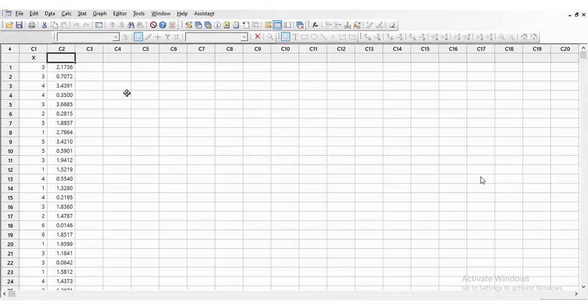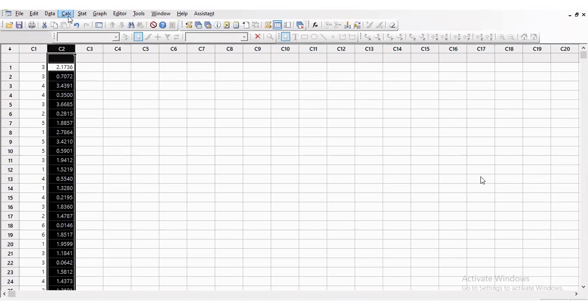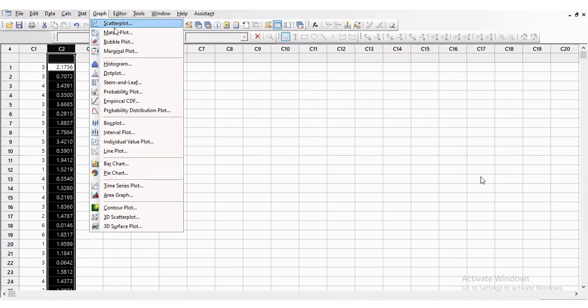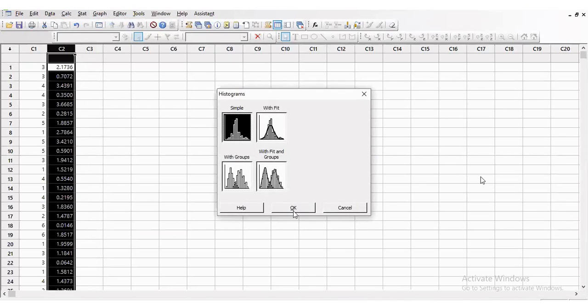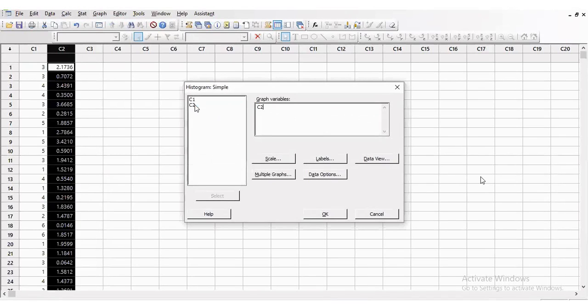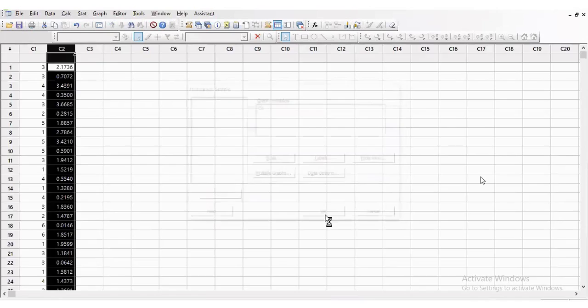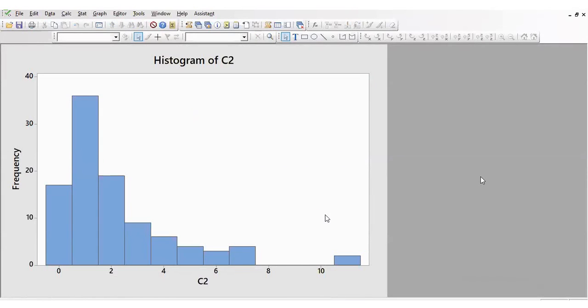Let us verify. I'm calling this also x only. This is also some x. Let us look at the picture to see whether it is following the normal or not. It is not normal, sure, right? It is positively skewed. Agreed, guys?